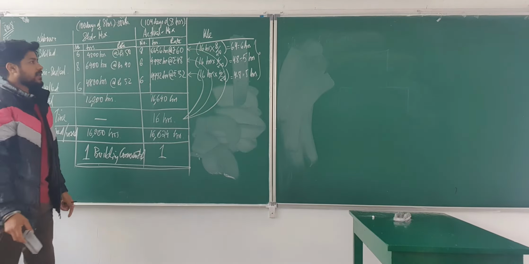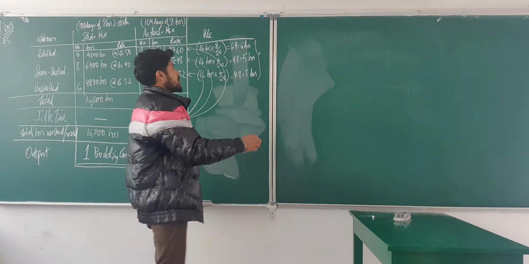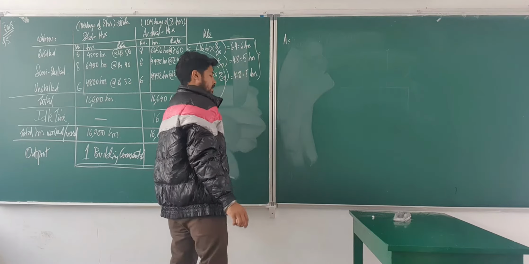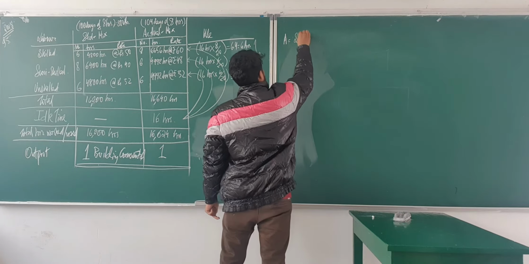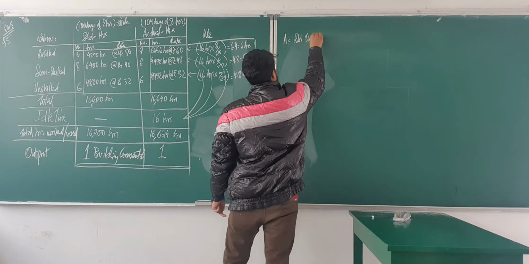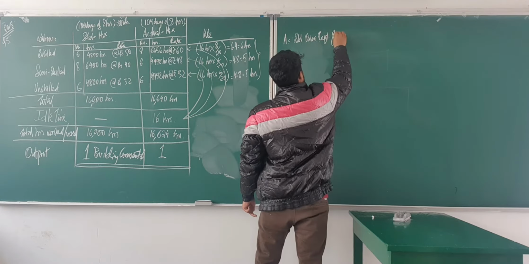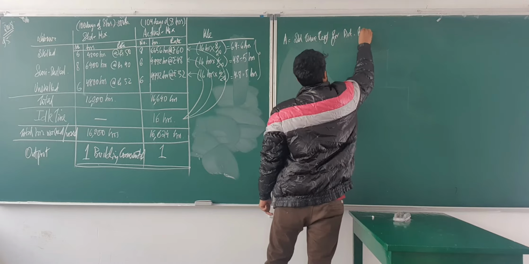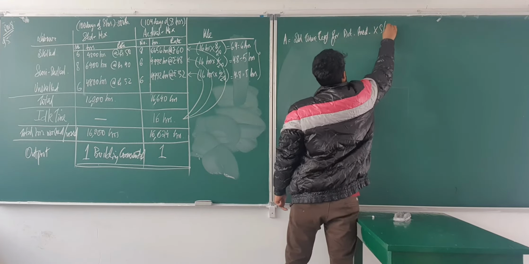Now let's calculate the variables as we have done in the previous chance. First value you have to calculate is A. Tell me the formula for A. Standard time required for actual production into standard rate.